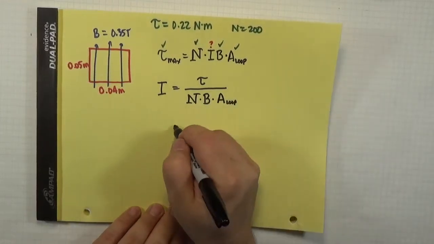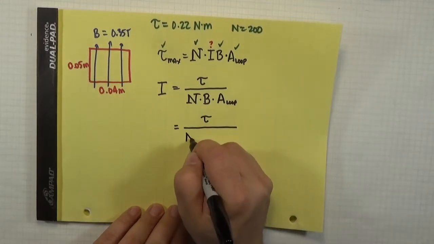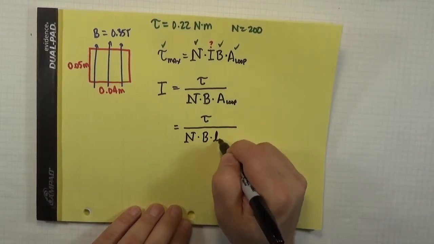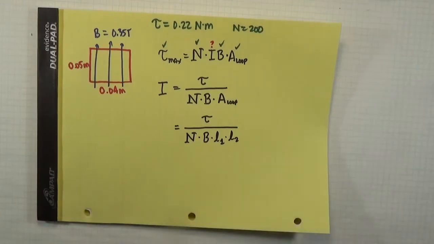If I want to write it explicitly in terms of the things that I do know, I will write N times B times the length of side 1 times the length of side 2, and those two things give me the value of the area. At this point, it's just plug and chug in terms of the numbers. I know what the values are.